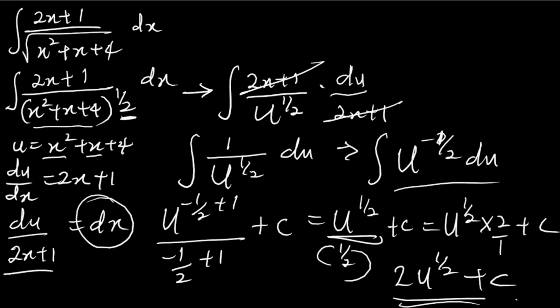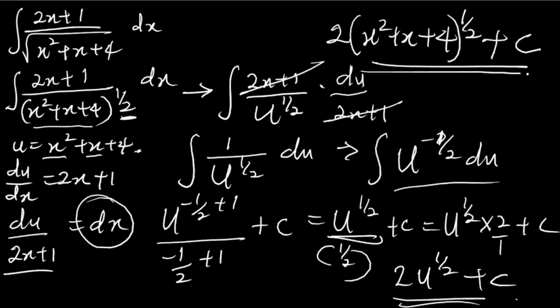Is this the final answer? No. Remember, we said u should be x squared plus x plus 4. So the final answer to this particular problem is 2 into the bracket of x squared plus x plus 4 raised to the power of 1 over 2, plus c. And that's the final answer to this particular problem.